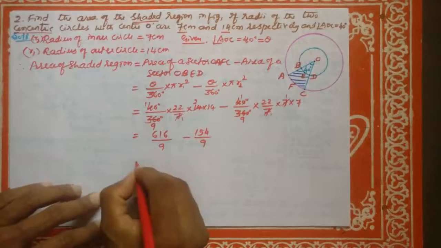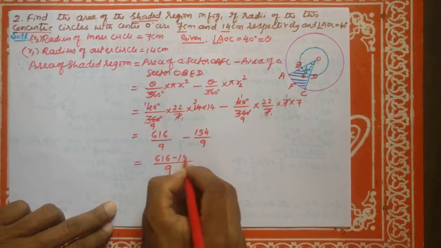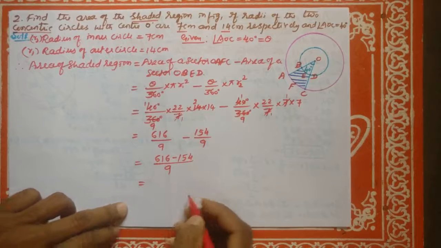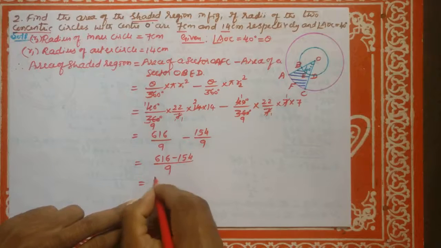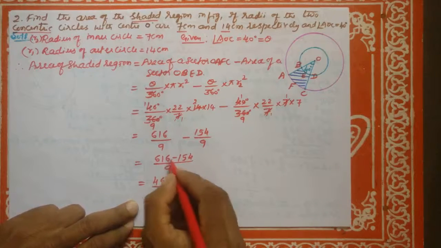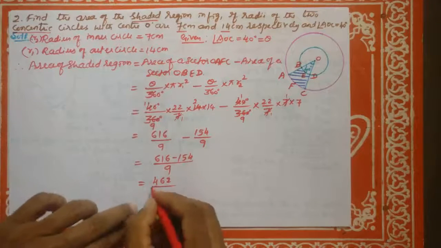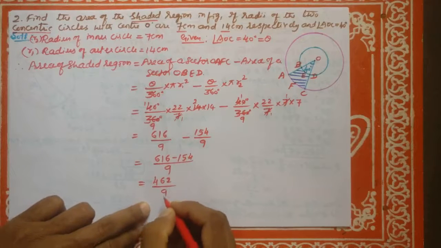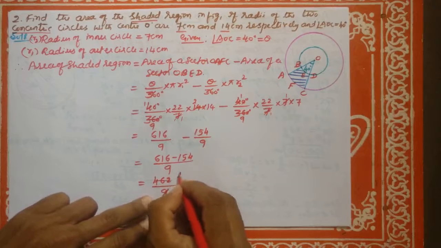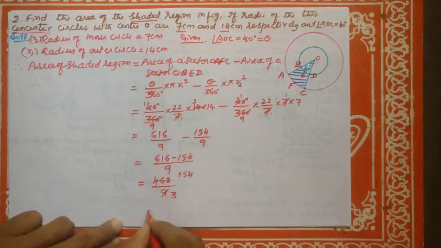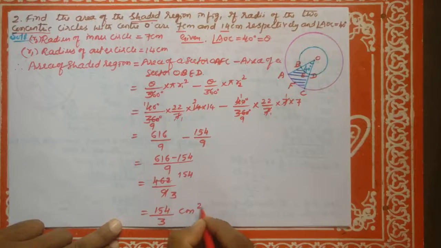Here LCM is the same, 9, so 616 minus 154 is equal to 462. 6 minus 4 is 2, and 11 minus 5 is 6, and remaining 1, therefore 6 minus 2 is equal to 4. 462 divided by 9, after cancelling, 3 3s are 9, 3 1s are 3, 3 5s are 15, 3 4s are 12, that is 154 divided by 3 square centimeter.